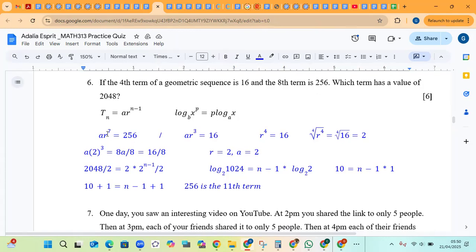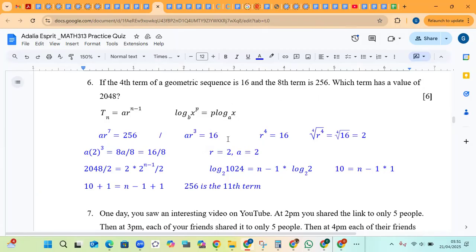So here she used the bigger one first: a r to the 8 minus 1, which is 7, is equal to 256. For n is 4, 4 minus 1 is 3, a r to the 3 is equal to 16.